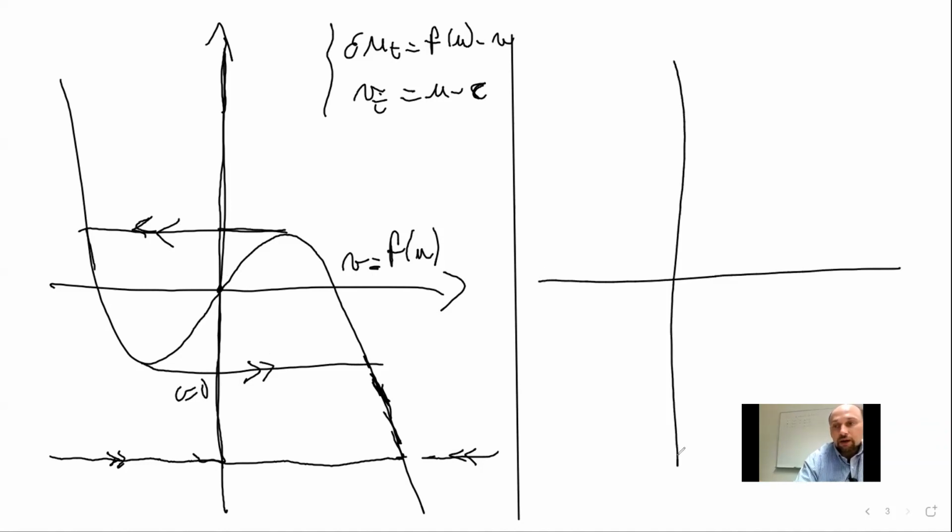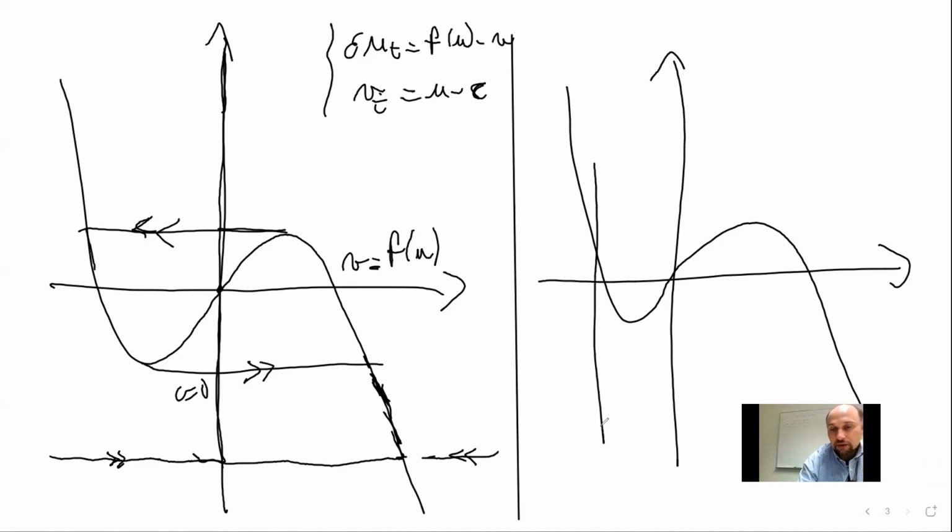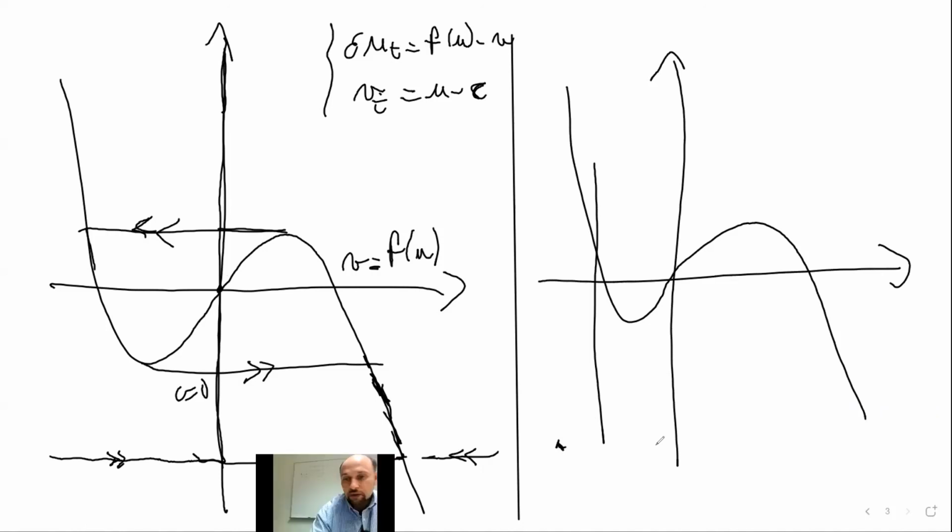Well, let's draw another case. Assume that the C is here. Then with the same arguments, I start with an initial condition here. I go like that. Then I come back here, and then I go to the stationary point.